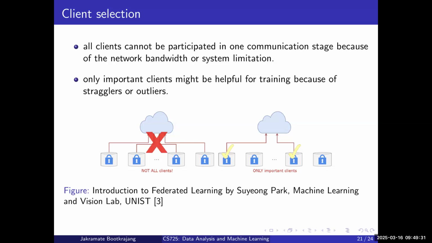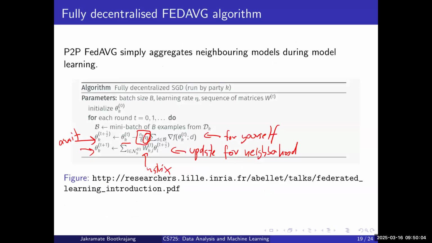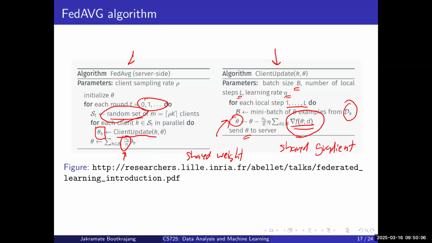because of the way that you combine the weight, right? When you combine the weight, you use the data size as part of the weight, right? So it means that you put more emphasis on the device that has a larger data set. So perhaps we can put some weight when you select a client, right?